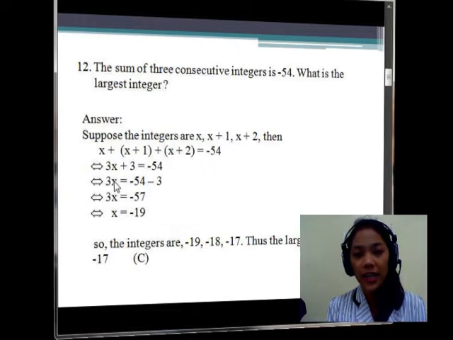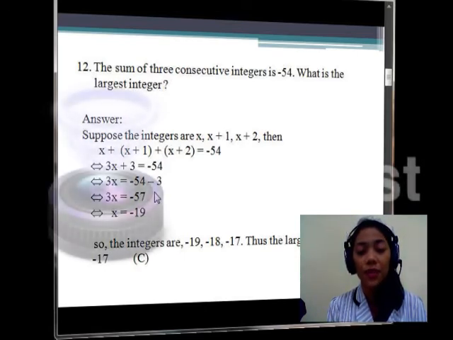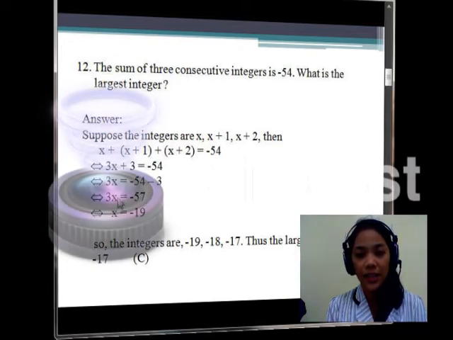If you combine, the result is 3x plus 3 equals negative 54. Then just simply transpose positive 3 to the other side, so it becomes 3x equals negative 54 minus 3. So the result is that 3x equals negative 57.